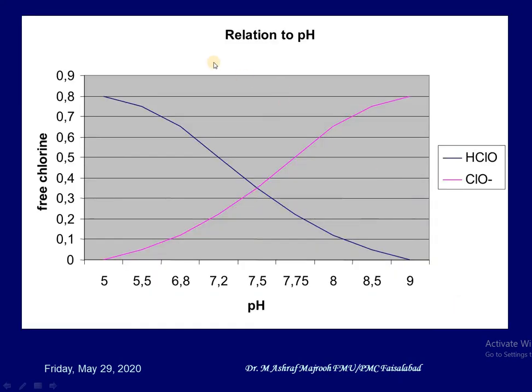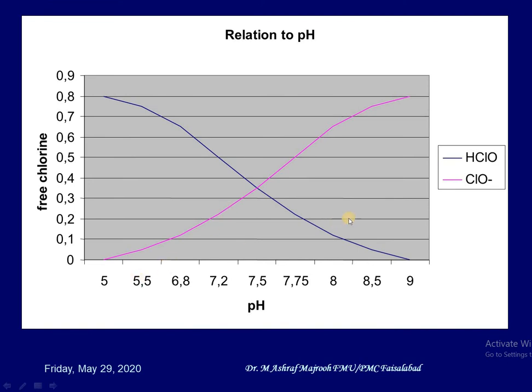Now here you can see the pH and the OCl availability and hypochlorous acid. The red curve is showing the OCl negative ions.